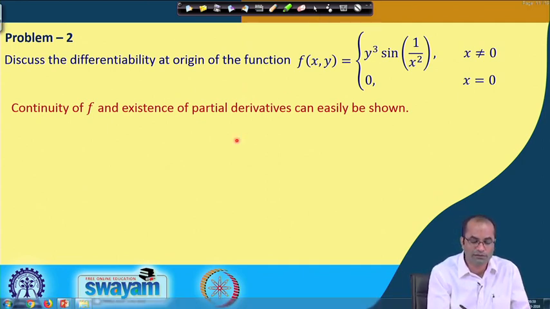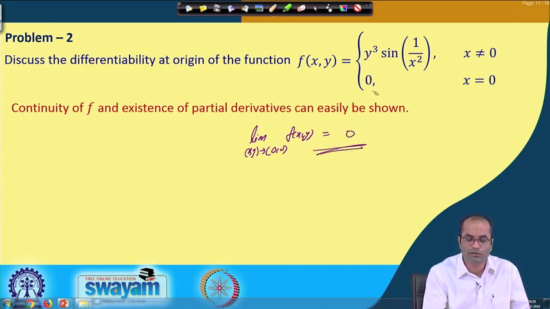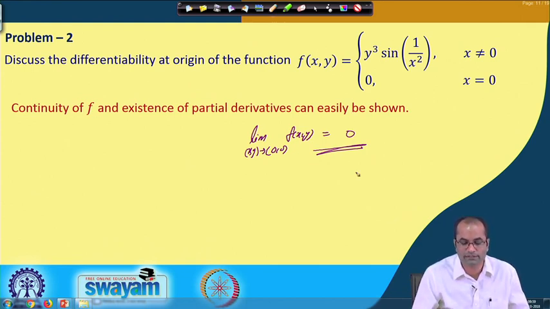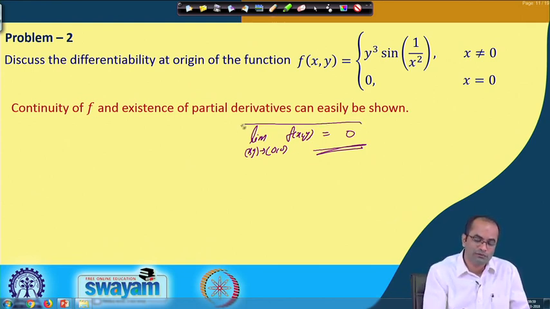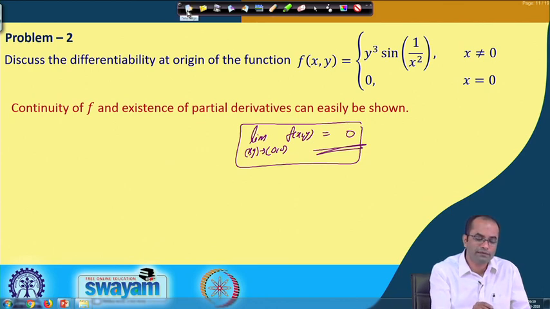For the continuity we have to take this limit as (x,y) goes to (0,0) of this function, which is trivial here because this is a bounded function sitting, and then as (x,y) goes to 0, this y goes to 0 and this will be 0, and this is the function value also at the (0,0) point. So, we have the continuity of this function.